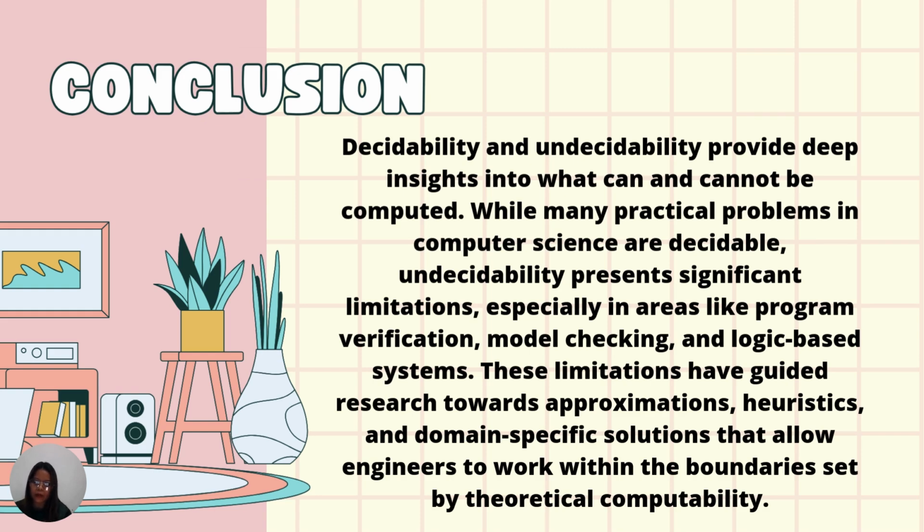Most practical problems in computer science are decidable, but undecidability limits our ability to fully analyze or verify complex systems. This leads researchers to find workarounds like approximation or specialization methods to solve certain problems.